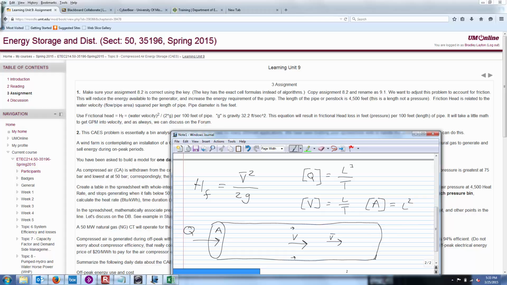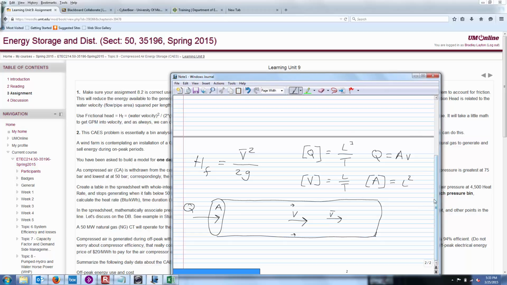We should be able to see right away that Q equals AV. If you think about this for a little bit, the bigger the pipe and the faster it's flowing, the bigger your volumetric flow rate. So from that, what do we have?